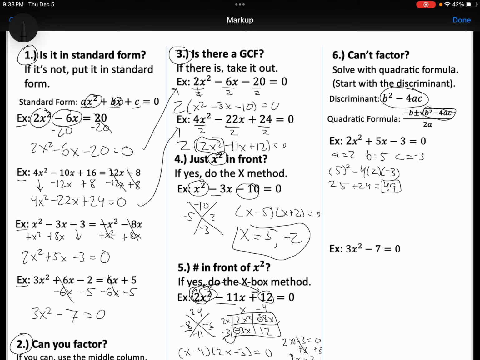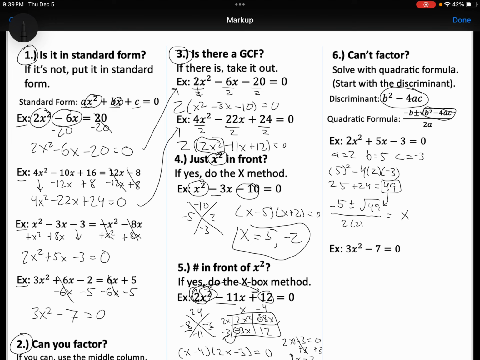So the quadratic formula is negative b, so I'd start with negative 5, and then plus or minus the square root of 49, divided by 2 times a, which in this case is 2, so it would be 2 times 2.